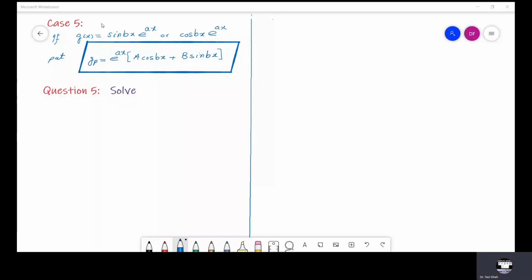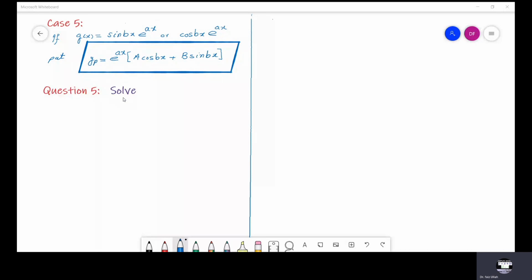Case number 5. If g of x is equal to sine bx e power x or cos bx e power x. In other words, if g of x is the product of sine and exponential function or cos and exponential function, then we shall put yp is equal to e power ax into a cos bx plus b sine bx.